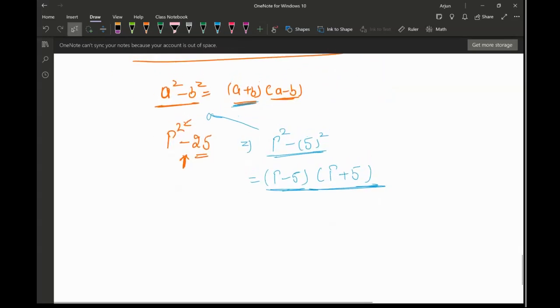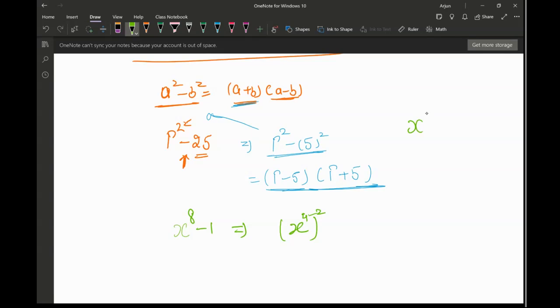Now, the next question, if the question is written like this, let me sharpen up the pencil, x to the power of 8 minus 1. So you can write it as x raised to the power of 4 and then square it outside, because 2 times 4 is going to give you 8.